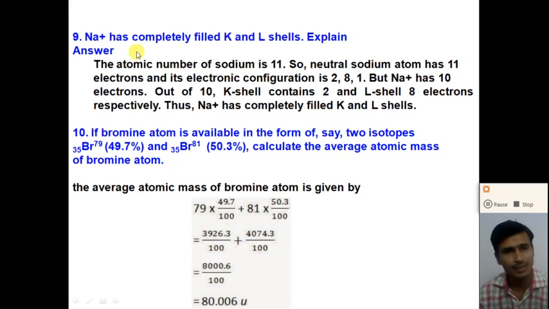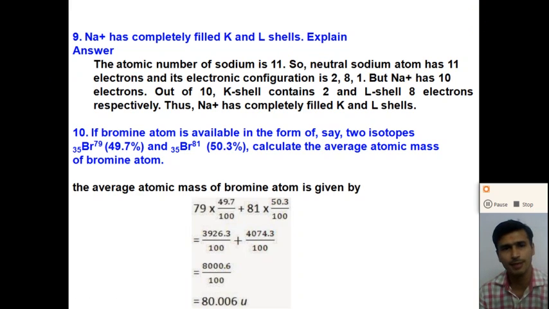Now explain: the atomic number of sodium, Na, is 11. So the neutral sodium atom has 11 electrons and 11 protons.